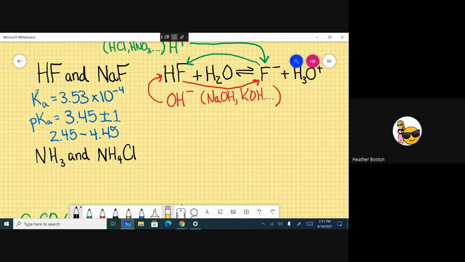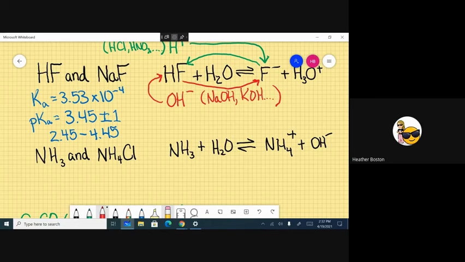We'll add a spectator ion there, and that's a salt that we could pick. So what we got going on here is the weak base, when put into water, will accept a proton and leave behind OH minus. That's the definition of being a base, is to leave behind that OH minus.